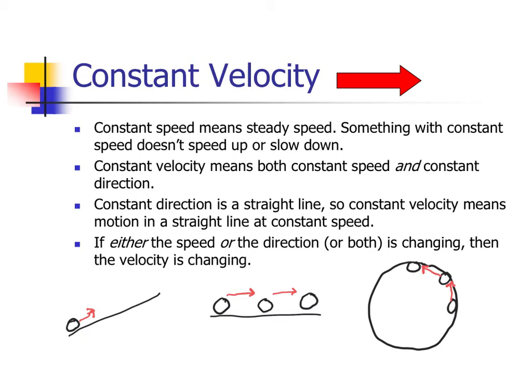Smaller. Because gravity is quite the pain in the butt and slows things down when it goes up a hill, right? And it's not really changed its direction a whole lot, but because of gravity, it's slowing down. It has change in its velocity.